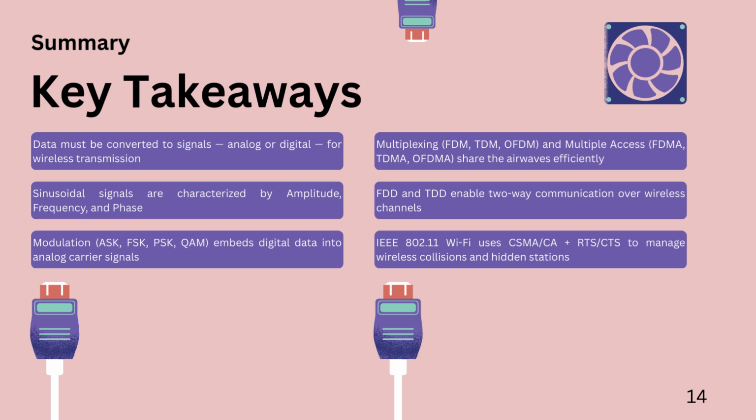Multiplexing and multiple access help share the wireless medium. FDD and TDD support two-way communication. Wi-Fi uses CSMA and RTS-CTS to manage collisions. So these concepts form the foundation of modern wireless communication systems.